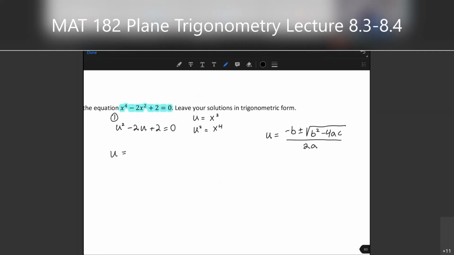We have a 1 as our a, negative 2 as our b, and 2 as our c. So I'll fill this in here. Negative b is going to be negative negative 2, which will just be a 2. Plus or minus the square root of b, which is negative 2 squared, minus 4. A is still 1, and then c is a positive 2. All over 2 times 1, which is, again, just 2.